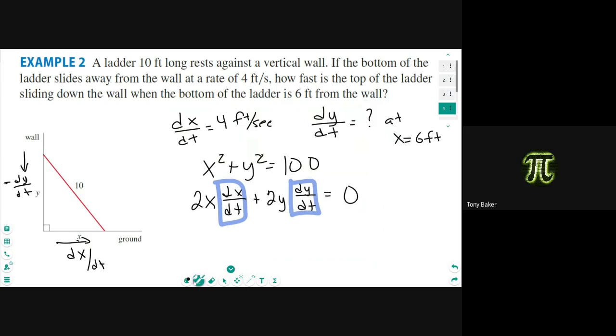All right, so you can do this a couple different ways. Like you can solve this right now for dy dt and do it that way. Honestly, I would just plug in right now, and then we'll solve the problem. So what do we know?